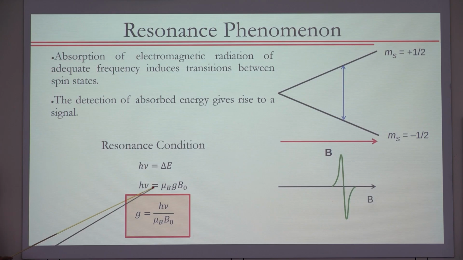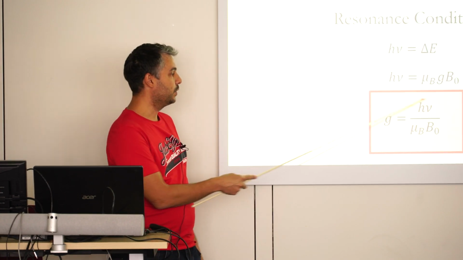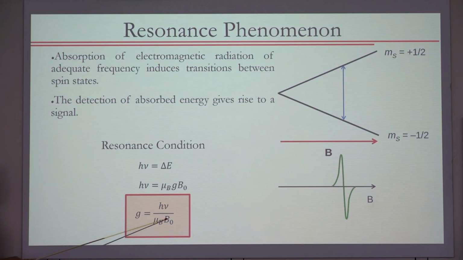So you get the energy as the Bohr magneton times g times the external magnetic field. So you can calculate the g value, which is related to the position of the resonance, with this formula. It depends on the frequency and inversely on the magnetic field.